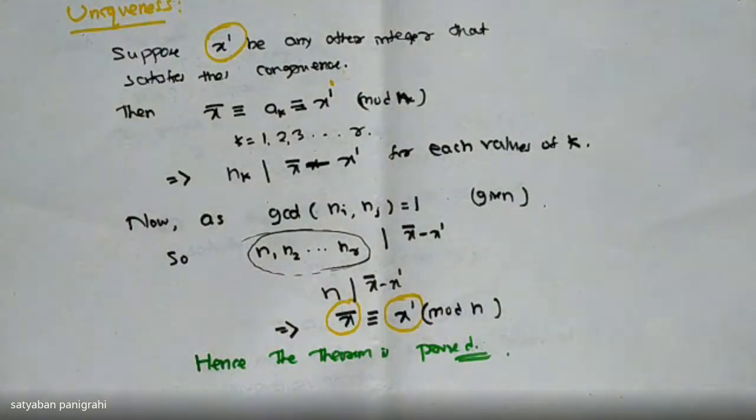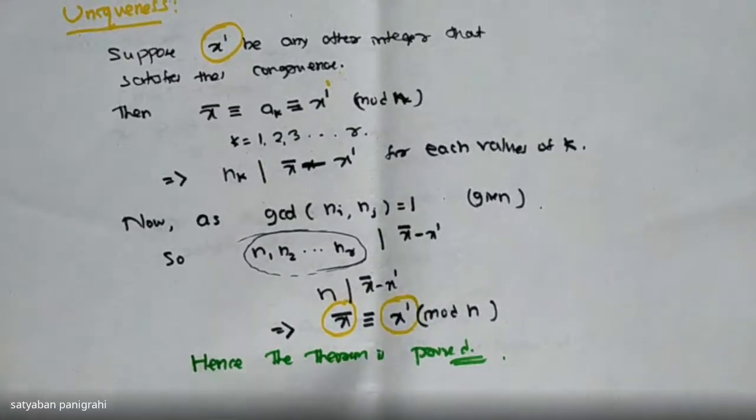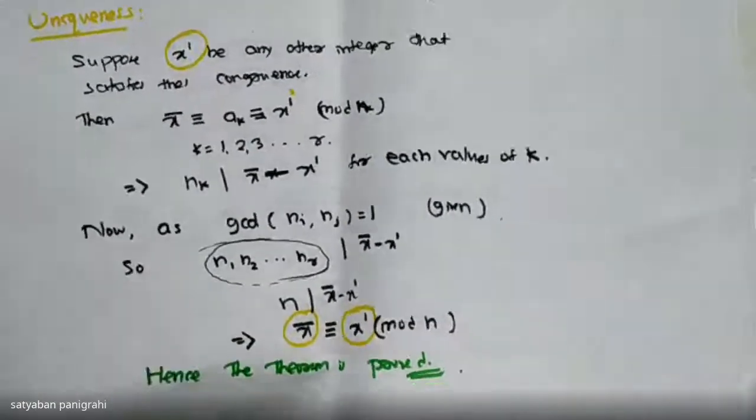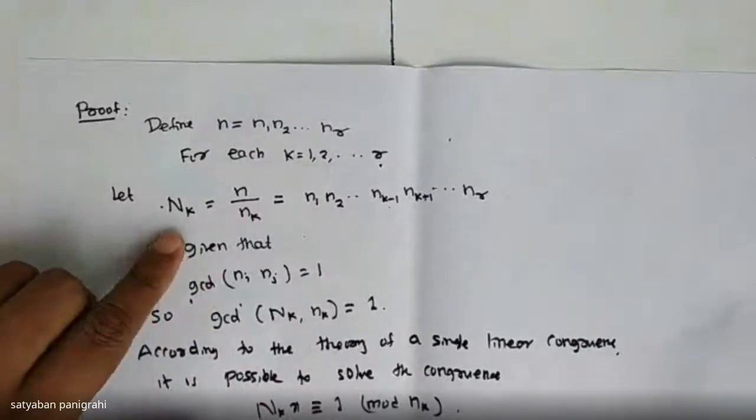Okay. Now, after the proving, you just remember this proof method, and using this method we will solve the questions. Now see here, the method is we have to go for capital Nk.